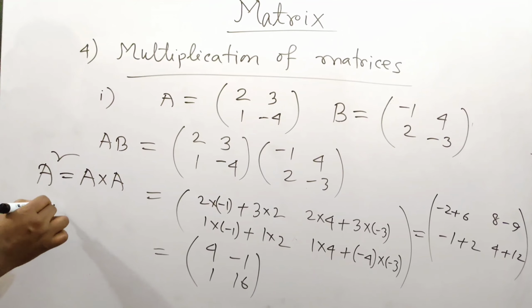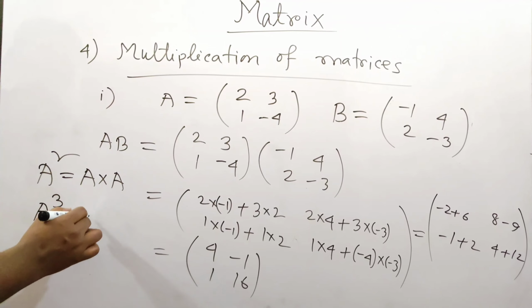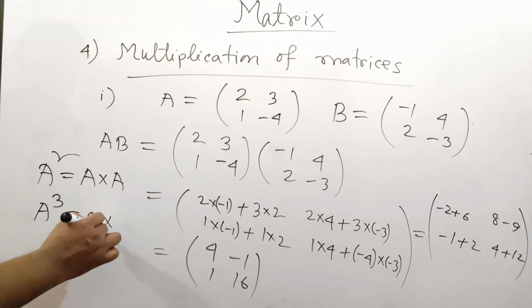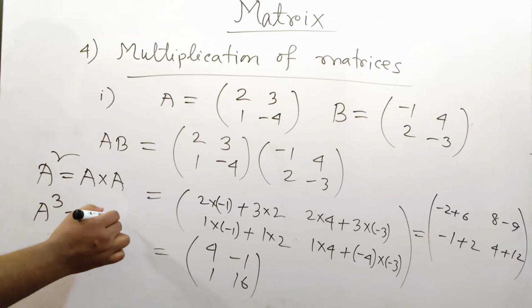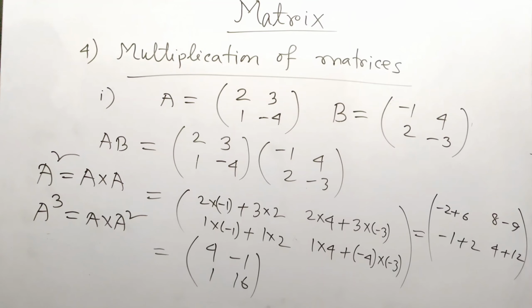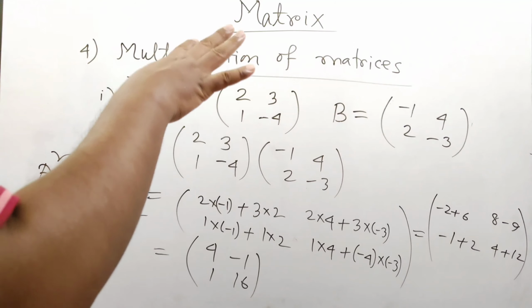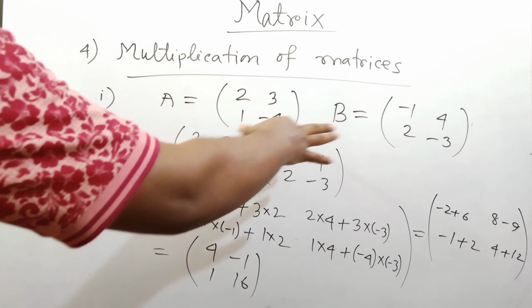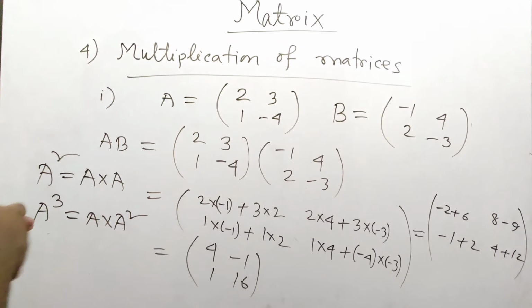If the question is A cube, then you first write matrix A and multiply it with the result of A square. In that way you can do the multiplication of any matrix, but keep in mind, the inner numbers of these two matrices should be the same, otherwise you can't do the multiplication.